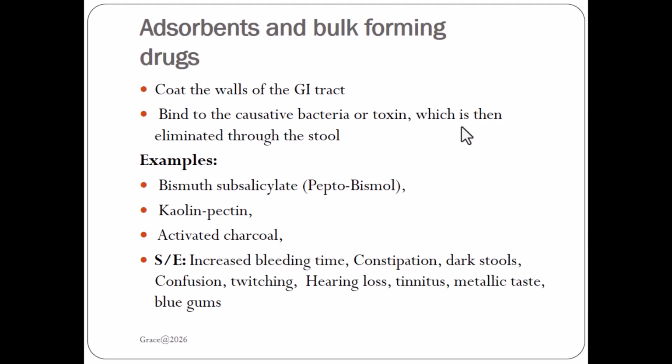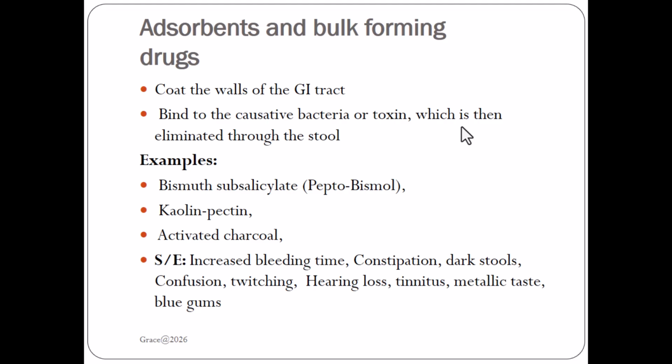We are looking at another class of drugs that we may use when we are managing this diarrhea. We also have what we call adsorbents and bulk forming drugs. So these ones coat the walls of the gastrointestinal tract, and you find that they bind to the causative bacteria or toxins, which are then eliminated through the stool.